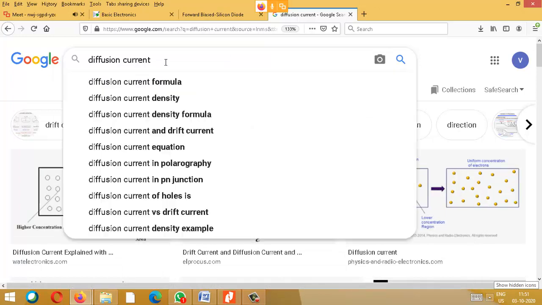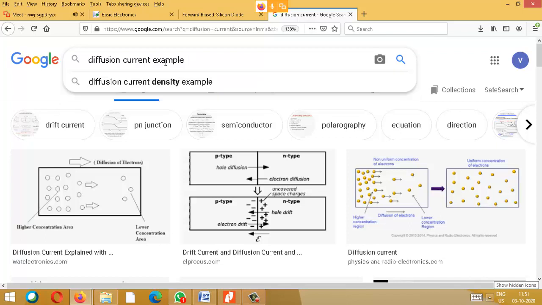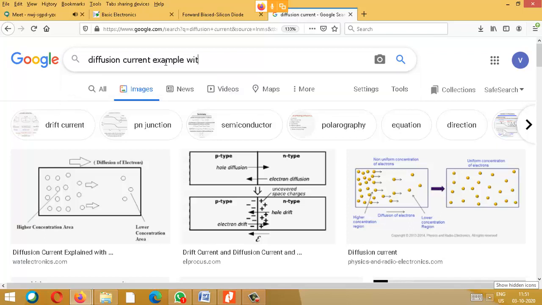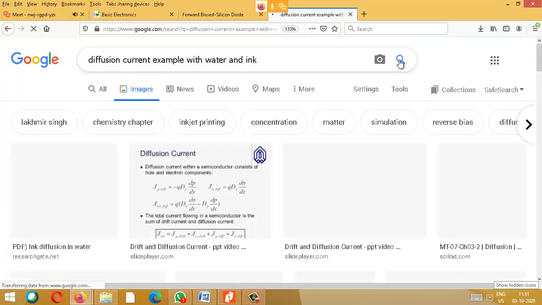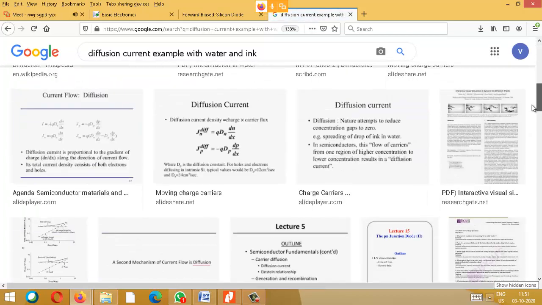Diffusion current example with water and ink. I think that image is not there.